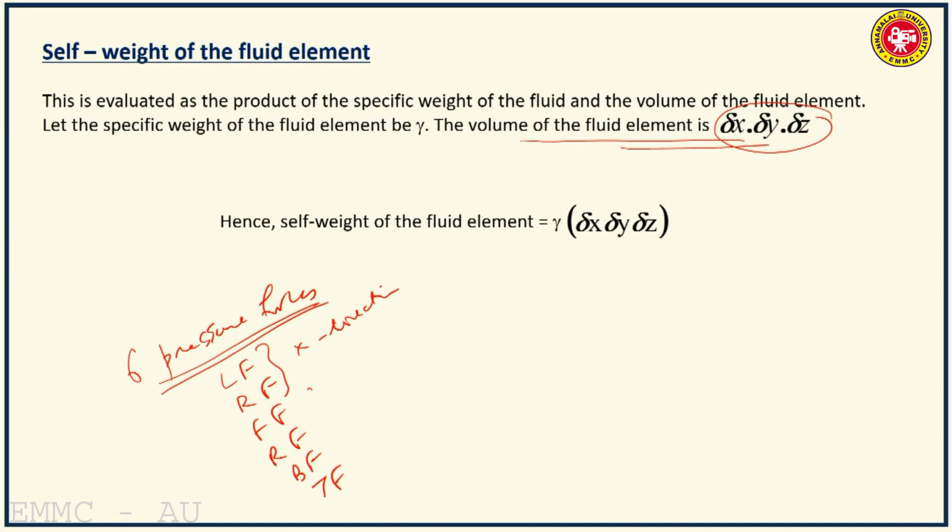So delta X multiplied by delta Y multiplied by delta Z will give you the volume. Now, the specific weight of the fluid multiplied by the volume, delta X, delta Y, delta Z, will give you the weight of the fluid element.